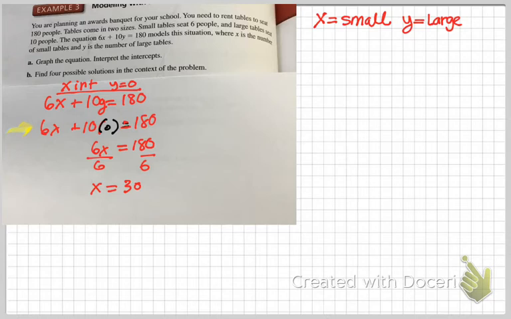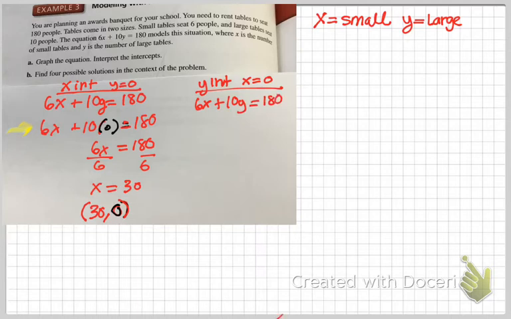So what this really means is that when x is 30, y is 0, because we substituted in that 0, and that is your x-intercept. Now we're going to do our y-intercept. For our y-intercept, we set x equal to 0. Again, I'm using the same equation, 6x plus 10y equals 180.